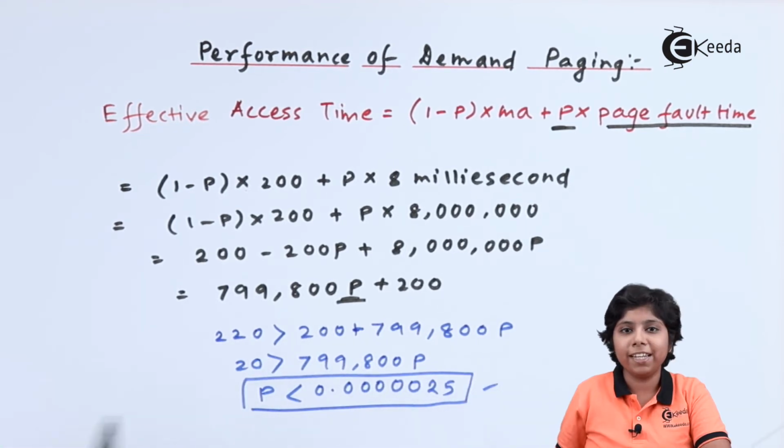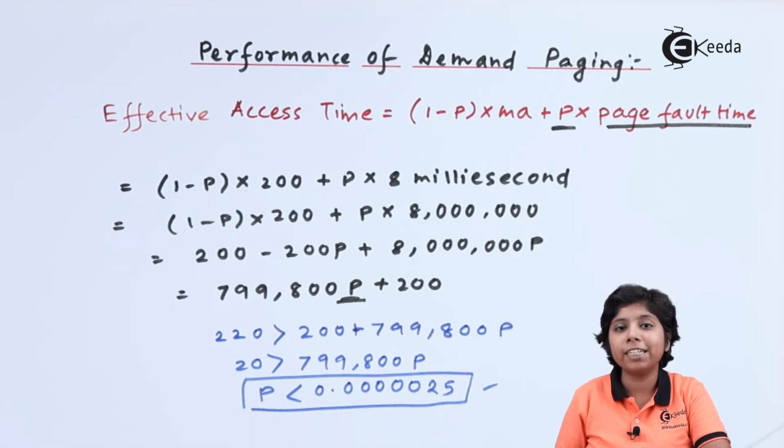So here we can see that there should be fewer than one page fault for every 399,990 instructions, so that we acquire only a 10% slowdown with this 8.2 millisecond, compared to a 40% slower rate. So when we are talking about demand paging, we should consider a very low page fault rate to actually acquire the advantages provided by this scheme.